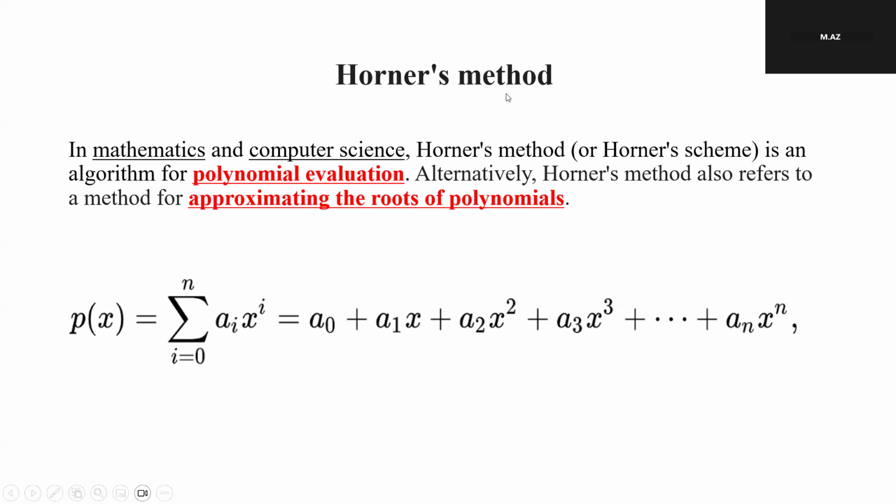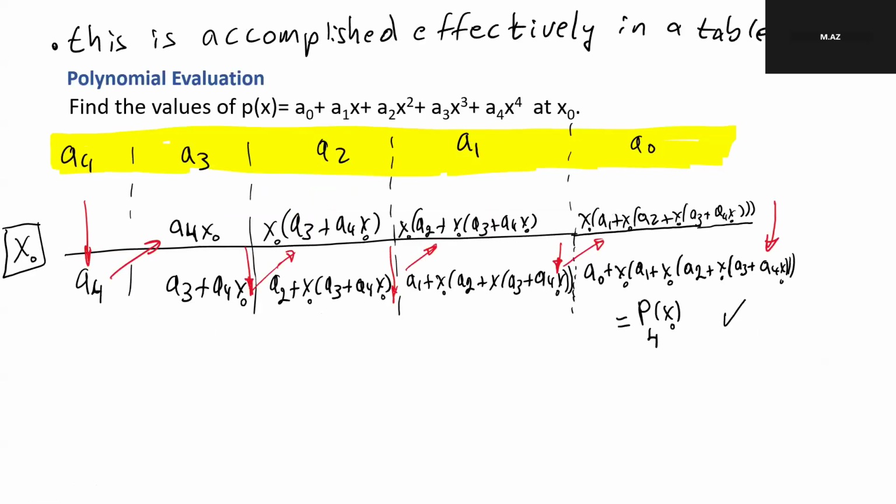We learned that by Horner's method, we can control and reduce the floating point operations, and it is an algorithm for polynomial evaluation. Alternatively, Horner's method also refers to a method for approximating the roots of polynomial functions. How does this algorithm work?